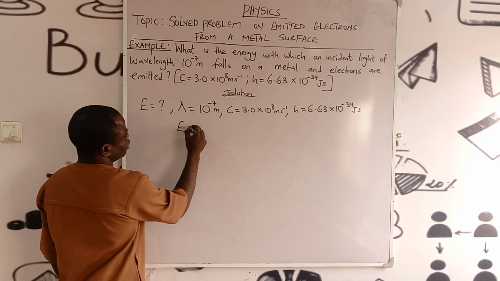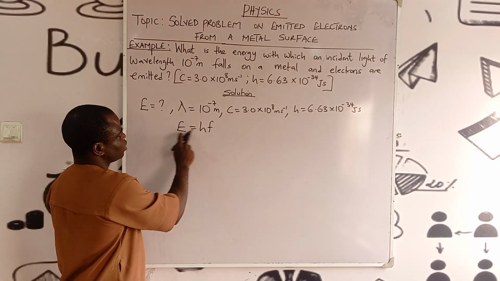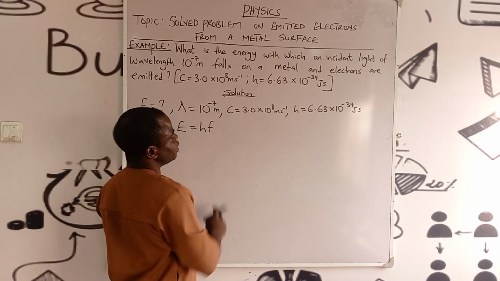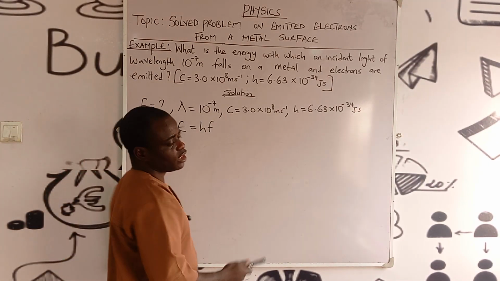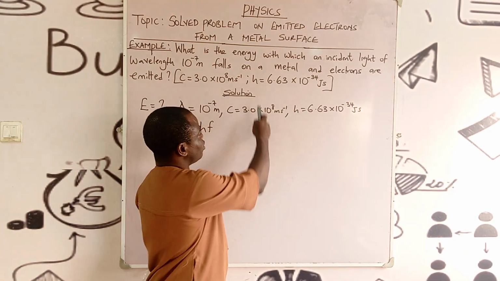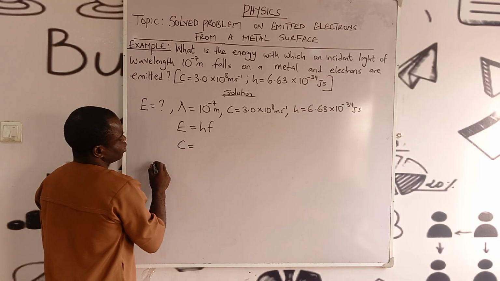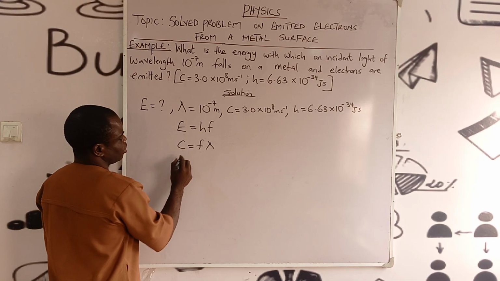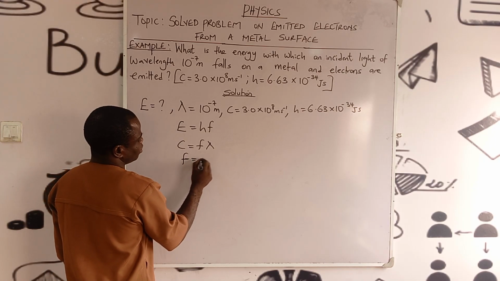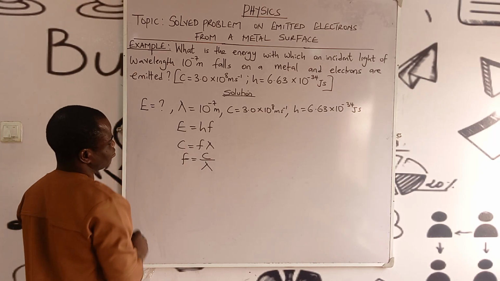The formula for energy equals hf. Energy equals Planck constant multiplied by the frequency. But we don't have the frequency in the question, and don't forget that the speed equals frequency times the wavelength. Now your frequency equals c, the speed, over the wavelength.